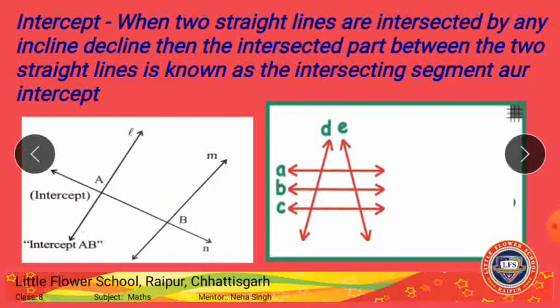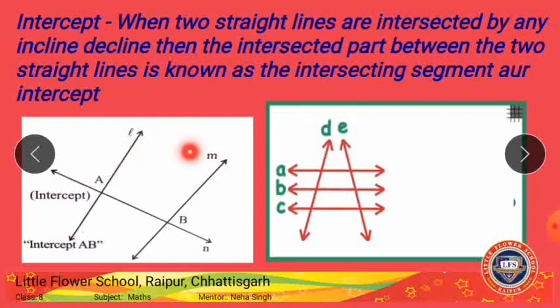See, coming to this, line L and line M are transversals, right? This is a line N, and line L and line M are intersecting it, that is, they are transversals. What does transversal mean? Any straight line intersecting any two parallel lines is called a transversal, right?